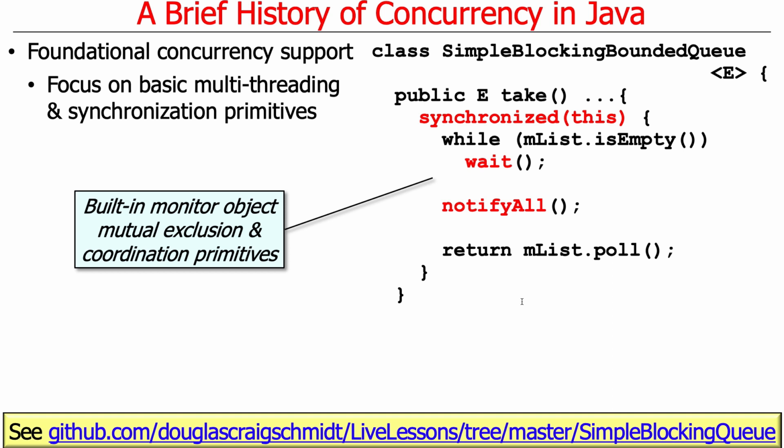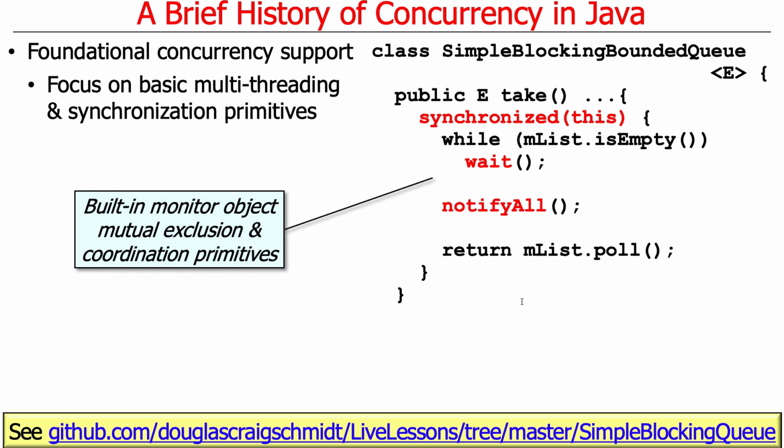With that in mind, the fact there's only one thread at a time, we can manipulate mutable shared state. So we can come in and say, while the list is empty, in other words, while I can't make any progress, wait, which will suspend me waiting for the list to be non-empty.